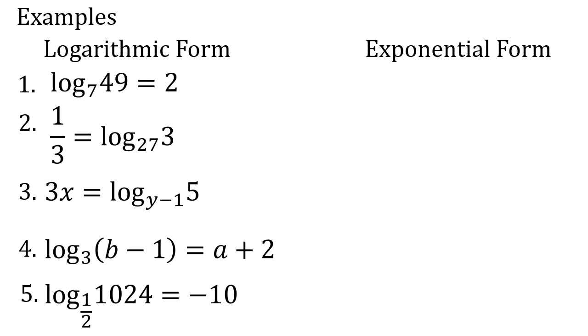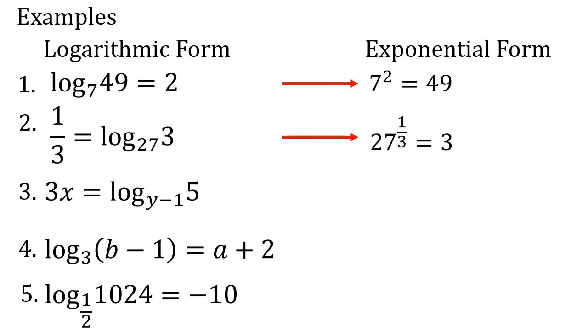So the exponential form of this is 7 squared equals 49. For number 2, 1/3 equals log 3 base 27. 27 is the base, the exponent is 1/3, and 3 is the answer, so this can be expressed as 27 raised to 1/3 equals 3.